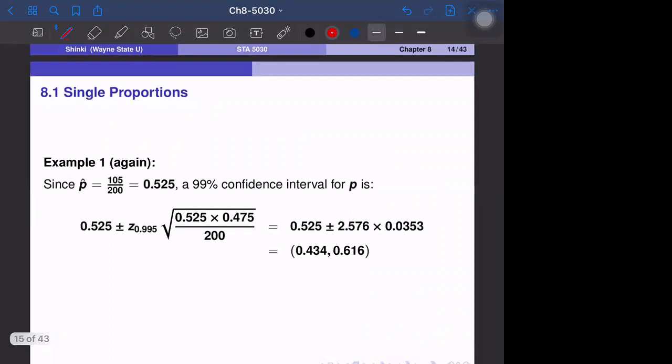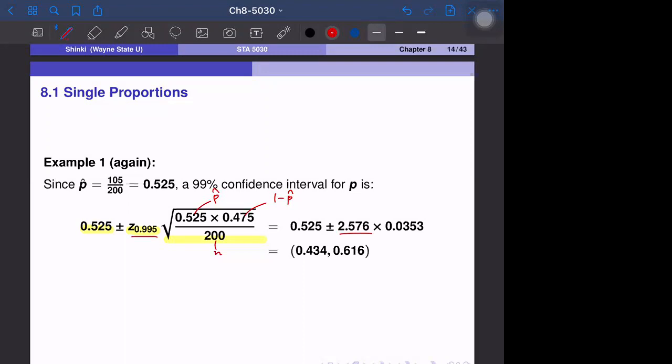From the previous example, here is how to calculate the 99% confidence interval. It is p hat plus minus z sub 0.995 times the square root of p hat times 1 minus p hat divided by the sample size. This z value is 2.576.